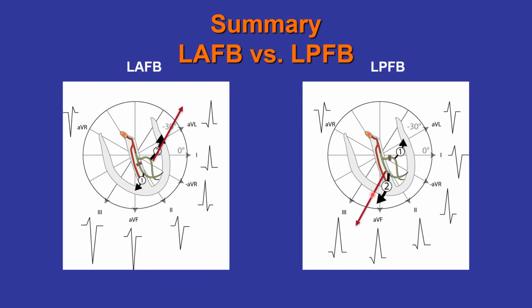So there will be a right axis deviation. So to say it again, left ventricle being a large depolarizable muscle mass, if a differential develops within the left ventricle, there is more significant axis deviation than you expect in right or left bundle branch blocks.